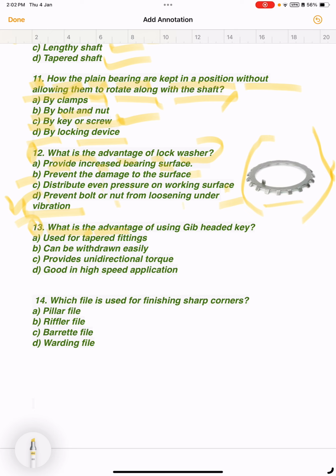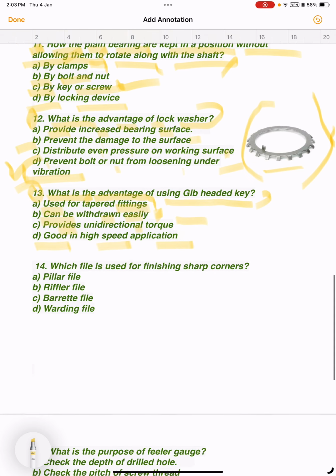Question number 13. What are the advantages of using a gib head key? Used for taper fitting, can be withdrawn easily, provide unidirectional torque, good in high speed application. The answer is that it can be withdrawn easily; it can be fixed and withdrawn easily.